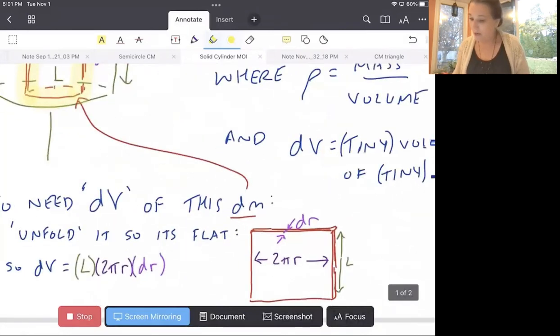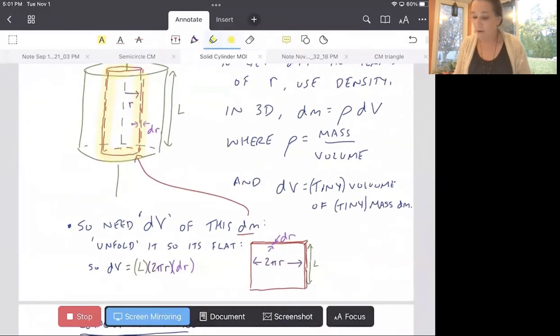You can see in these notes here, I've basically talked about unfolding that dm, so basically unwrapping it, right? Taking it from, like I did with the paper towel, this cylinder like that, and then instead laying it flat. And then it has some tiny thickness, right? The thickness of the paper towel, which we're calling dr, and some area, which is then the surface area of that flat part of the cylinder.